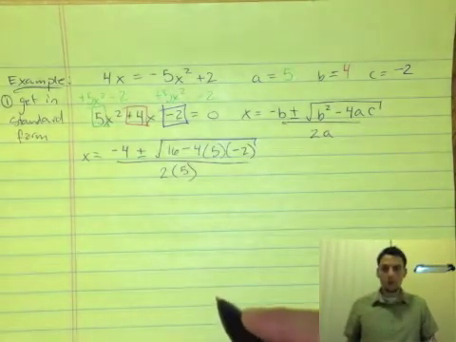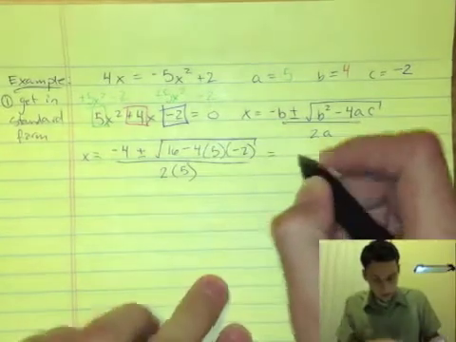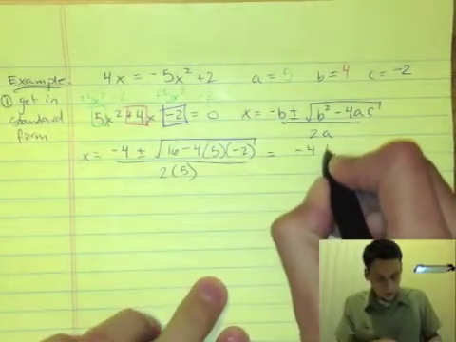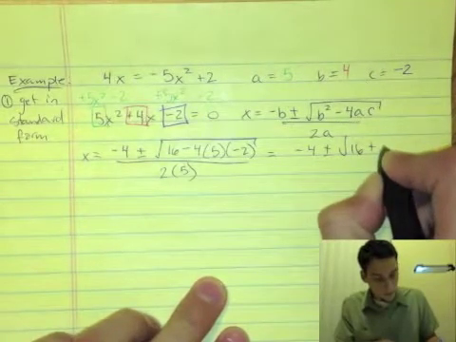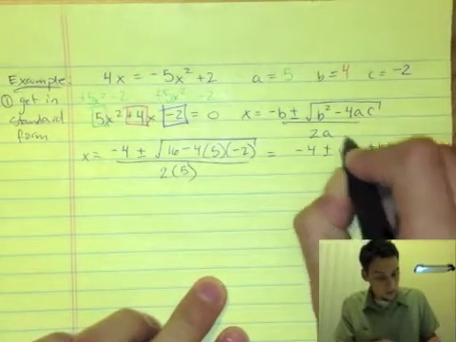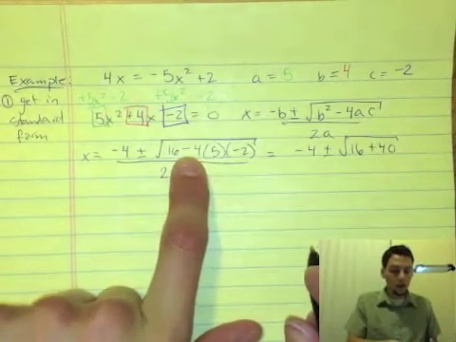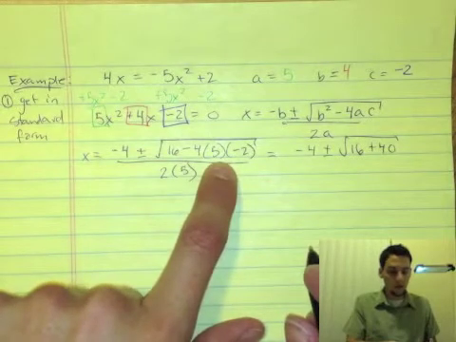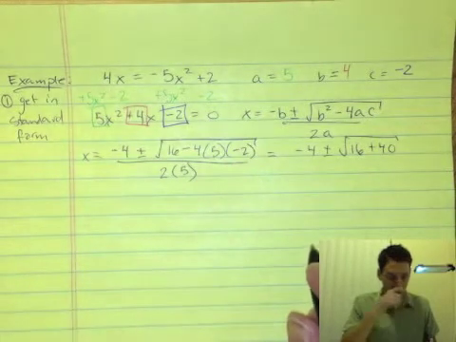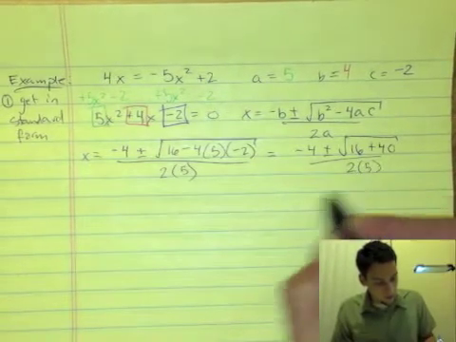So all we have to do is simplify this, and we'll get our two answers. So I'll have negative 4 plus or minus square root of 16 plus 40, right? Because negative 4 times 5 is negative 20, and then times negative 2 is positive 40. All over 2 times 5, which will be 10.